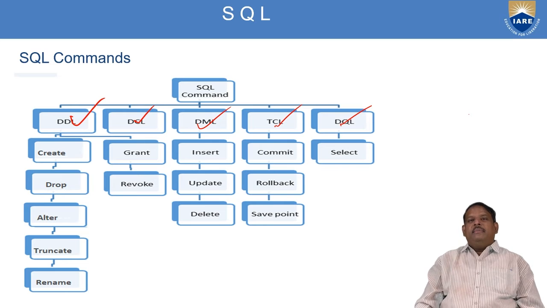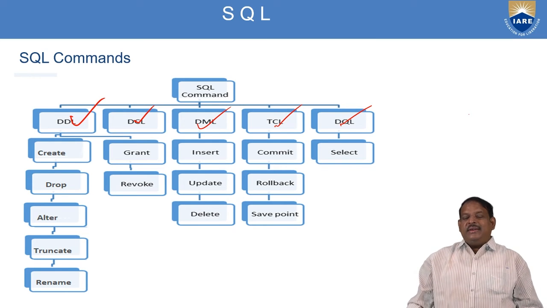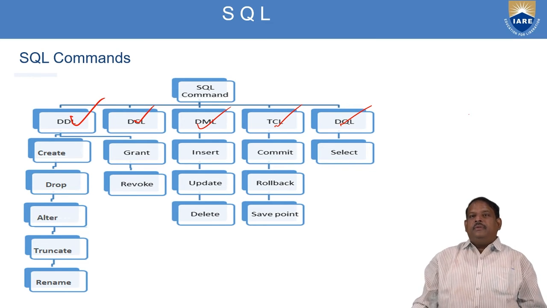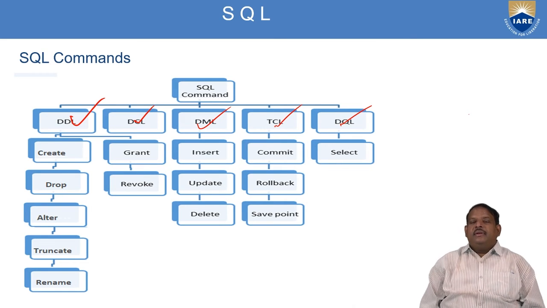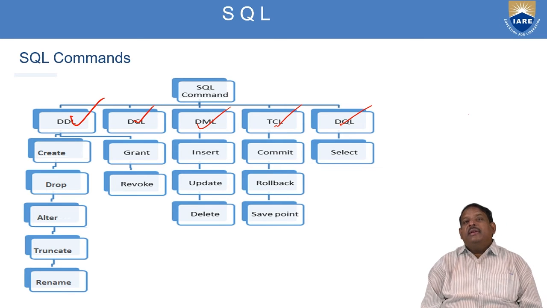So we have 3 commands here. Insert is used to insert data into a database table. I have a student table, and I want to enter student details, student name, student roll number, etc. By using the insert command, I will be inserting the data. And I also have an update command.